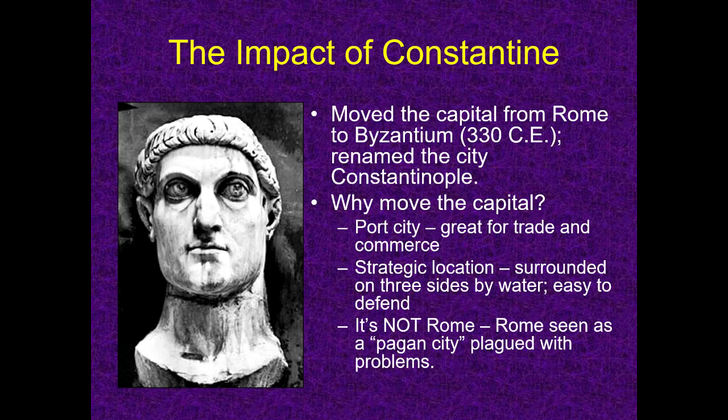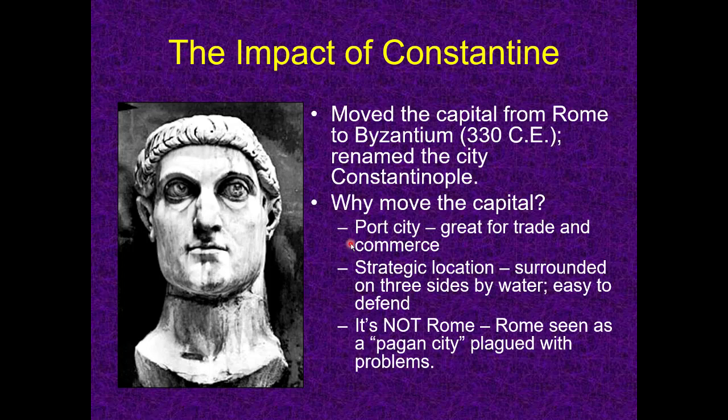Basically what he's doing is abandoning Rome, which is a big mess, called a pagan city plagued with problems. The deal is that Rome was basically just in collapse. So Constantine, instead of fixing it, just left. He went to a new city off the Black Sea and called it Constantinople after himself.